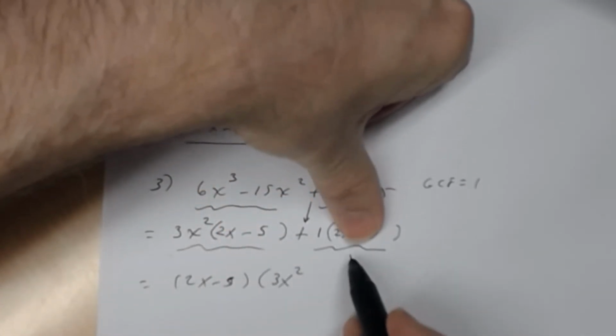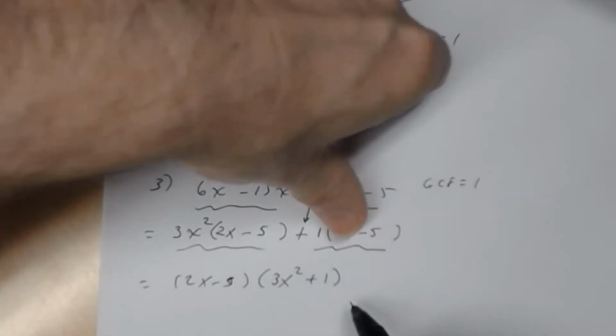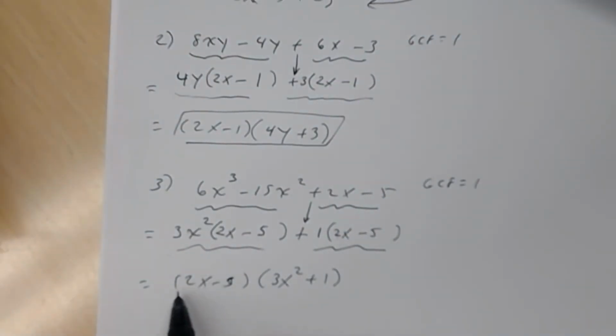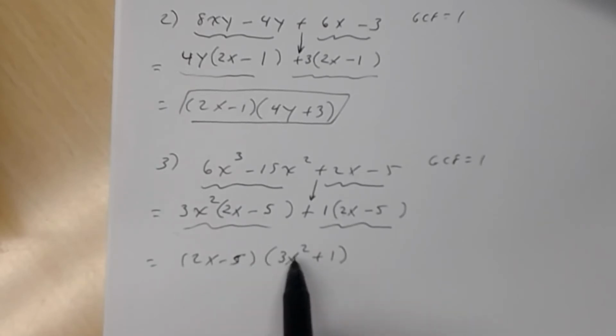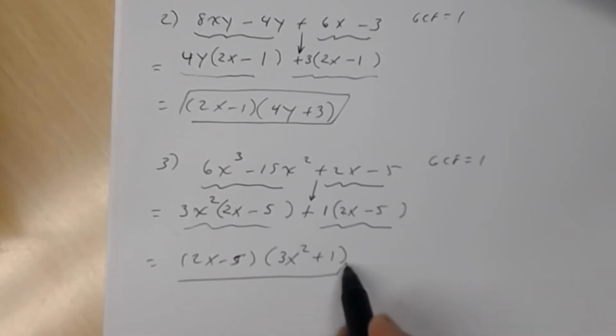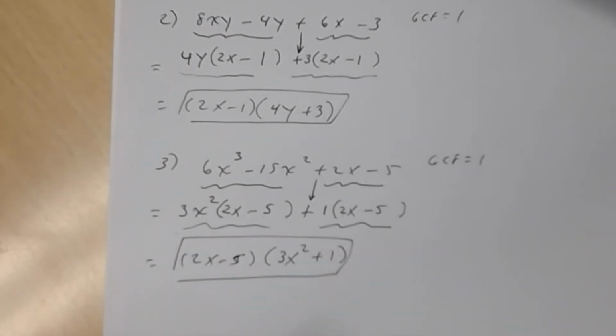And if I factor 2x minus 5 from that group, I get plus 1. And notice that you always go back and double check your factors, make sure the GCF of each of those is indeed 1. So this GCF of 2x and negative 5 is 1, and the GCF of 3x squared and 1 is 1. All right, so that's what we get here.